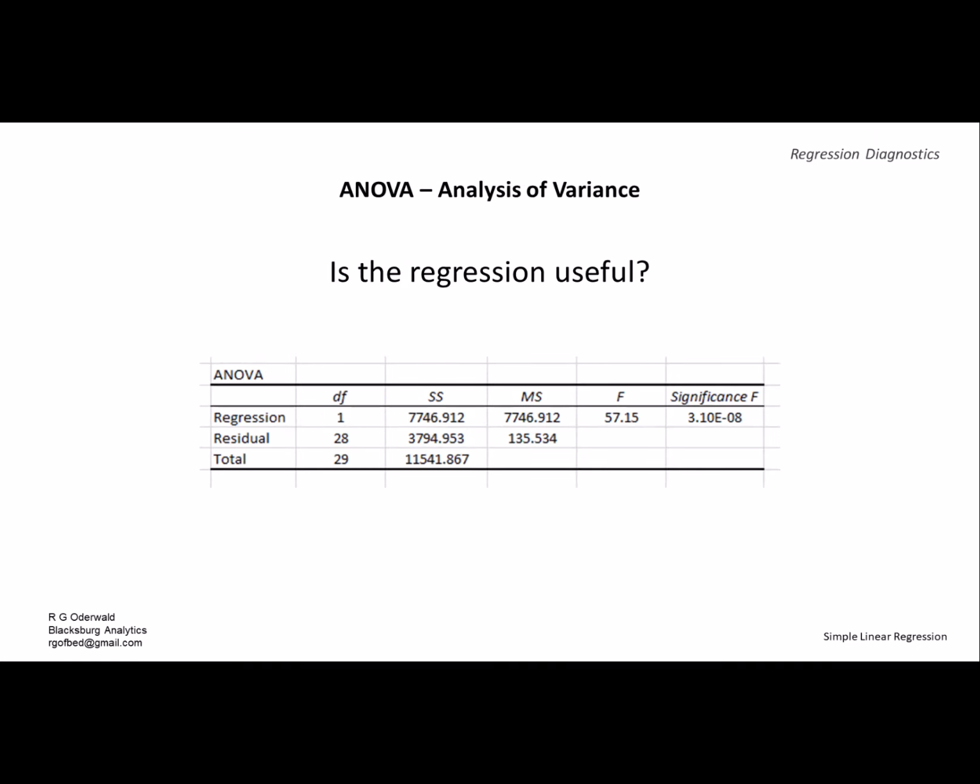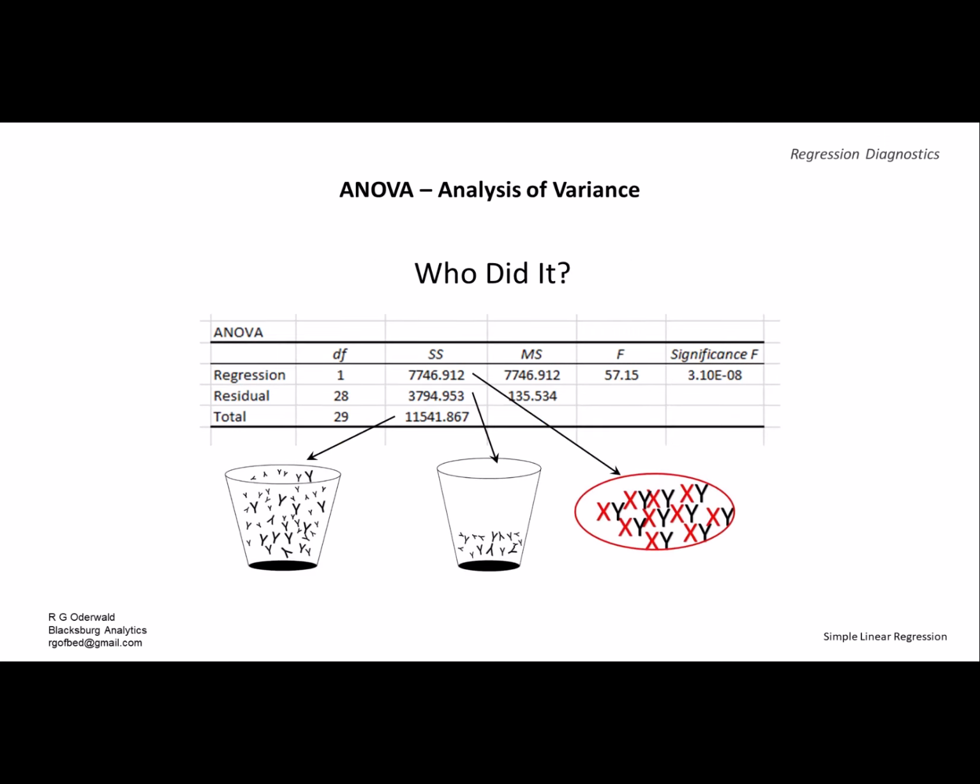The ANOVA section summarizes the distribution of variance for the general linear model of which simple linear regression is a part. That's a whole lot of statistics talk that means, is the regression useful? The SS column is the sum of squares attributable to the regression, the residual, and the total.